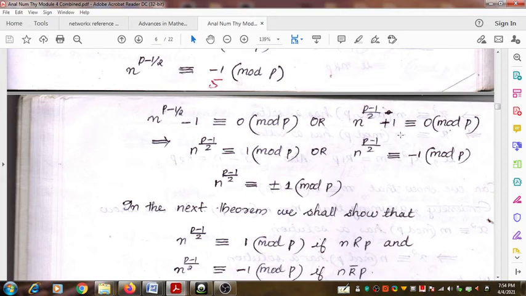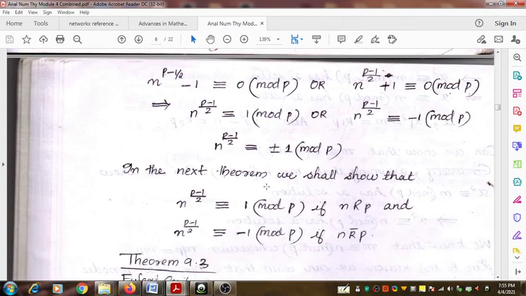And thus you can combine these two, since these are either the first or the second type of statement. You can write it as a single expression. Then we get that n raised to p minus 1 by 2 is congruent to plus or minus 1 mod p. That is the consequence of that discussion.